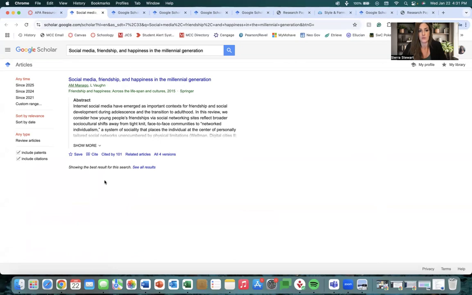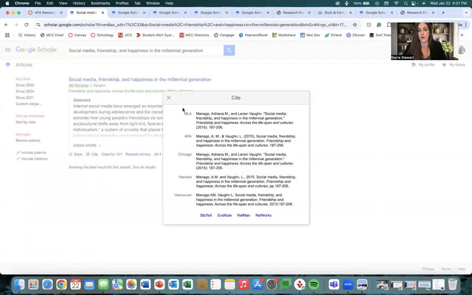This is the study you want to use. If you click on this site right here, it will then show you how to cite all of these different ways in terms of MLA, APA, Chicago, Harvard, Vancouver. We are a psychology course, so we're going to be using APA since it's the American Psychological Association. You would then click, copy this, and then you would paste this into your template.